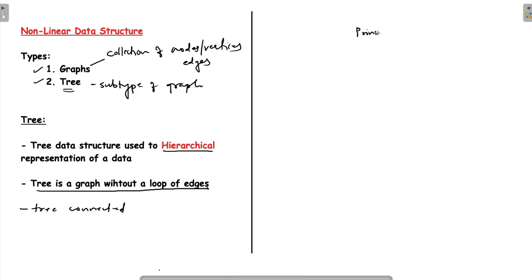The highest post is the principal. The principal is the topmost position, and under the principal there are several heads of departments working. Let's say the head of the mechanical department, the head of the chemical department, and the head of the computer science department.